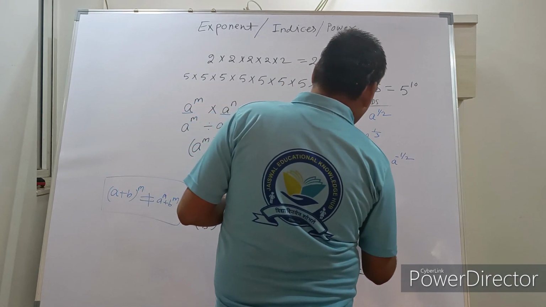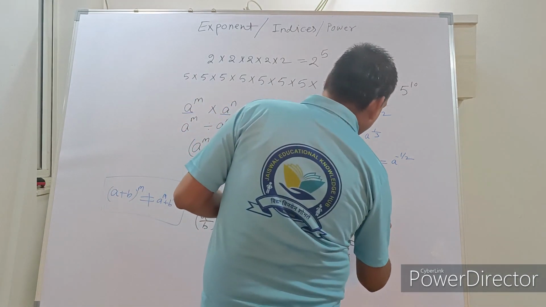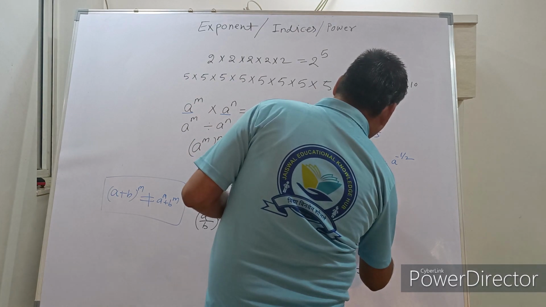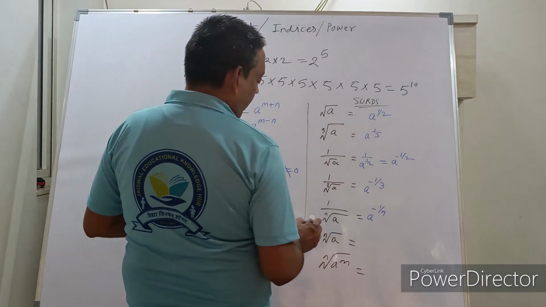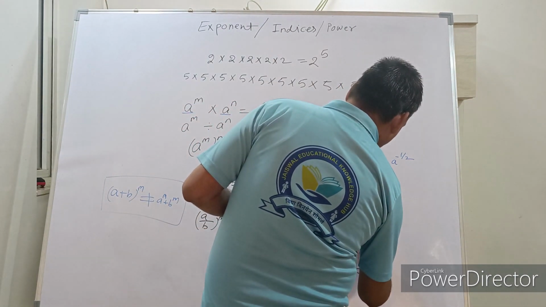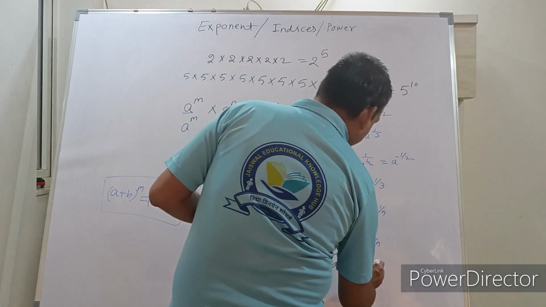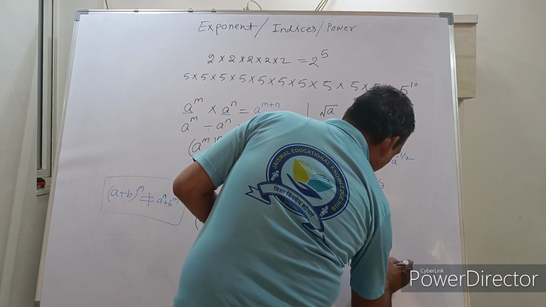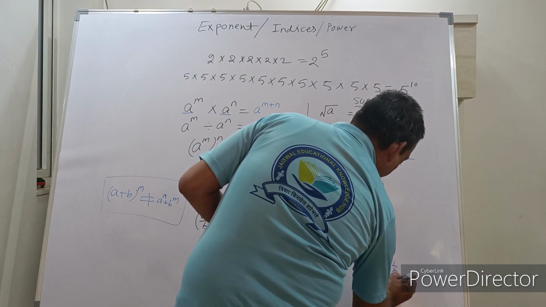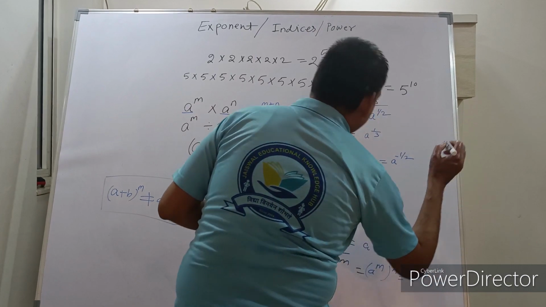Then same way 1 upon nth root of a is nothing but a raised to minus 1 upon n. Okay, and nth root of a is nothing but a raised to 1 upon n, and this will actually be a raised to m and then raised to 1 upon n, so combined it becomes a raised to m upon n.